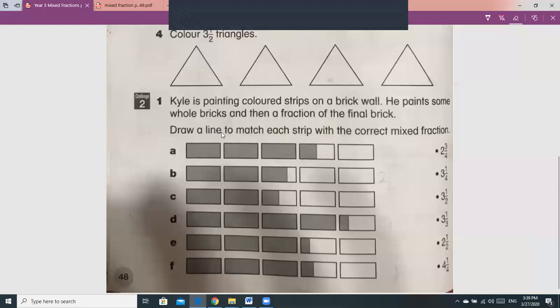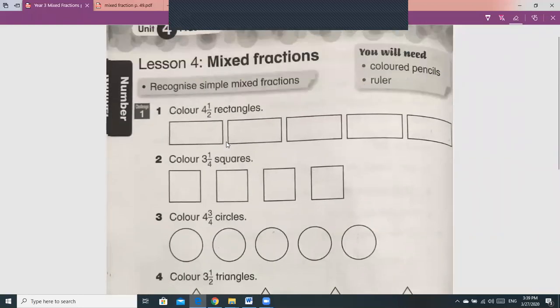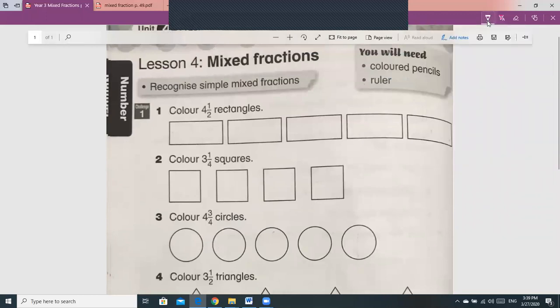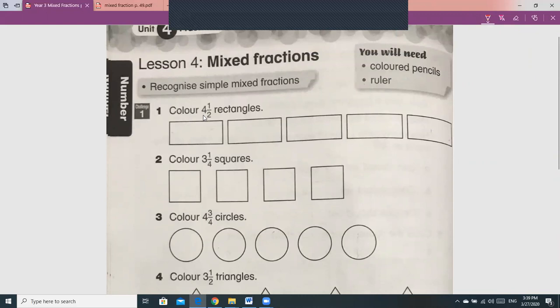Now, let's answer together. Here, this is your page. Here it says to me, color 4 1/2 rectangles. So first I will look at the whole number and say it.